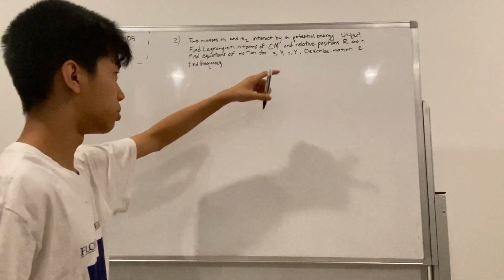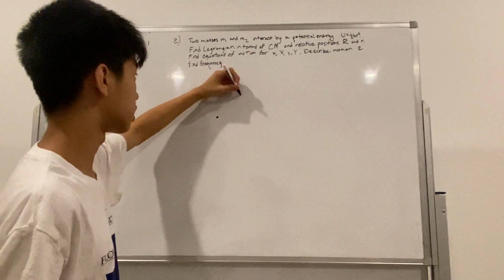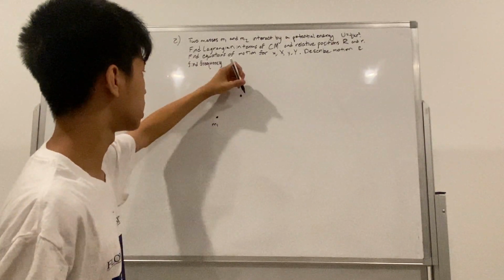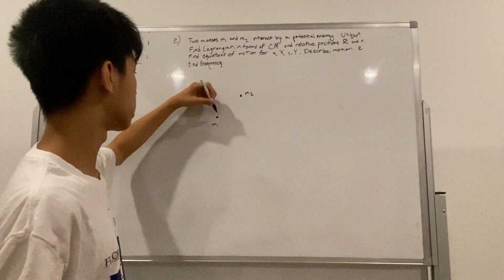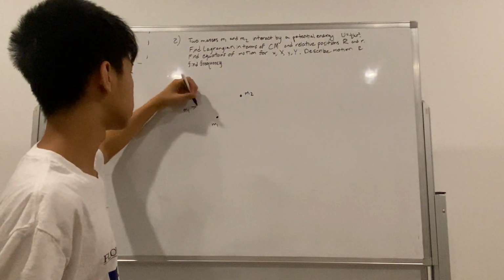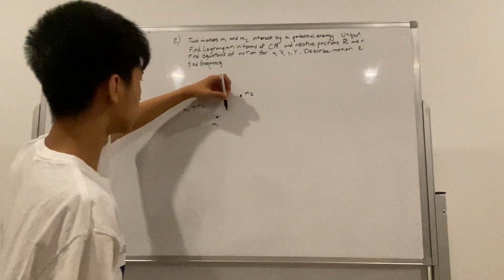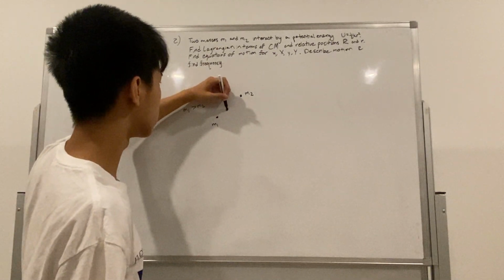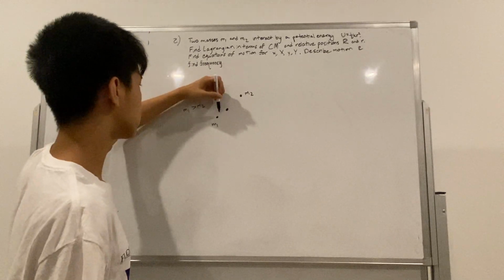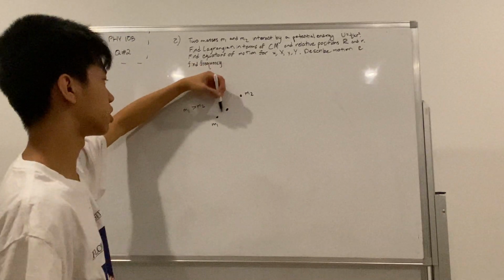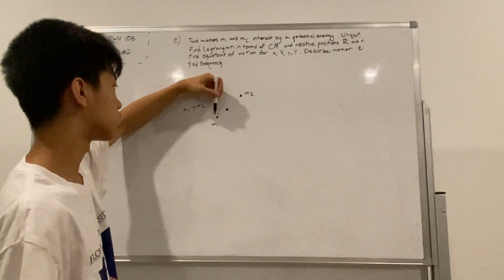What big R is saying is that if you have two masses M1 and M2, and M1 has more mass than M2, the center of mass is going to be somewhere around here because mass is more concentrated towards M1.